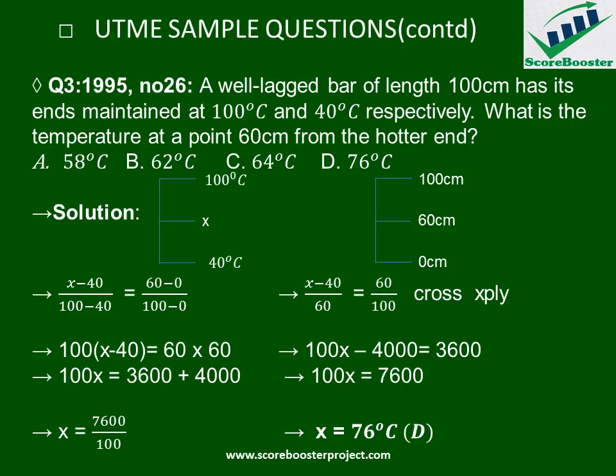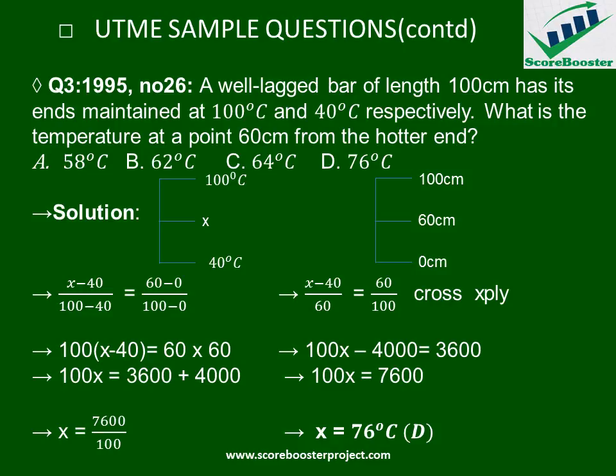So in solving this, we get x minus 40 over the steam point, which is 100 minus 40 again, will be equal to the intermediate on the other scale, which is 60, minus the ice point, which is 0, over the steam point, which is 100, minus the ice point, which is 0.